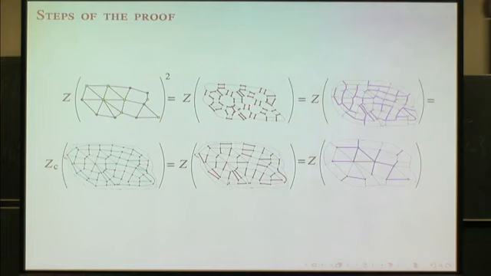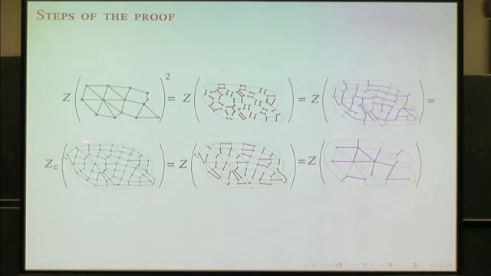Then we go from the partition function of this dimer model to the partition function of directed spanning trees on a graph constructed from this one. Then the next step is easy. It's just going to dual spanning trees. There's a bijection between spanning trees and spanning trees of the dual graph. I'll say a quick word about this.